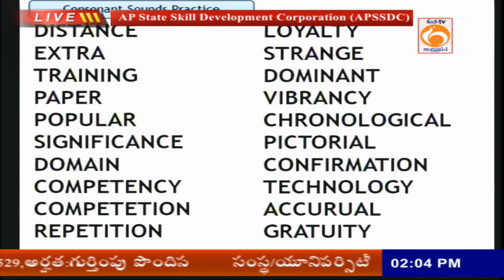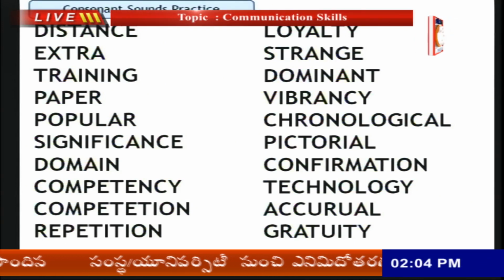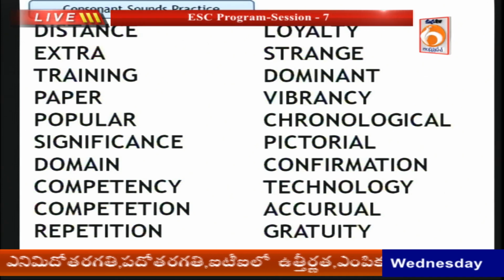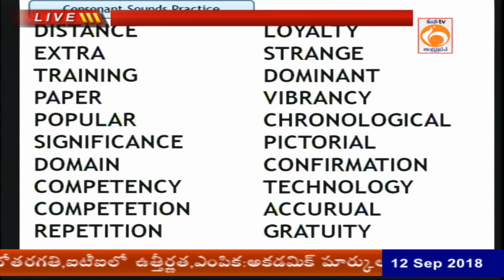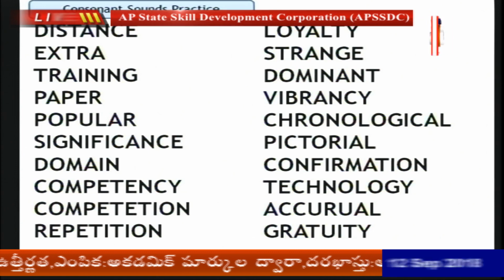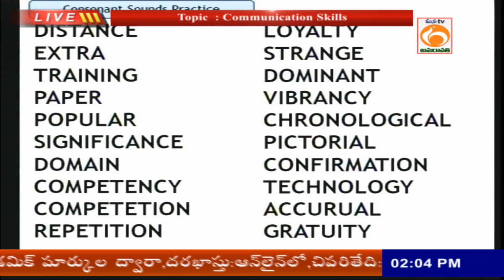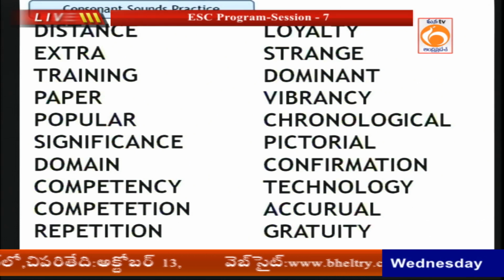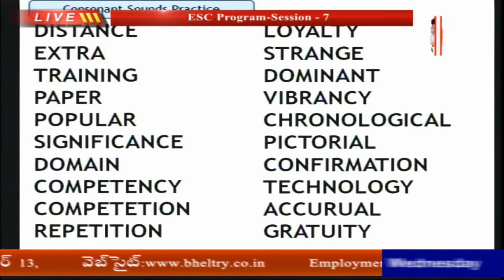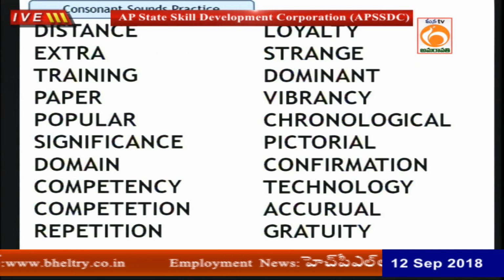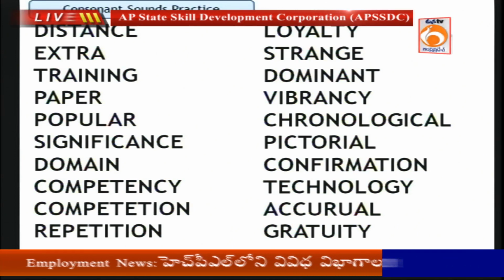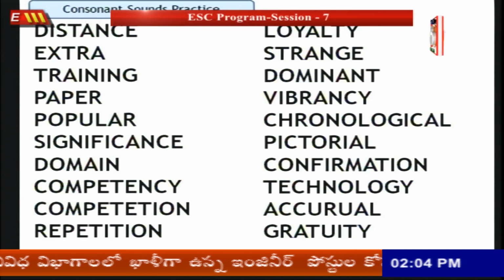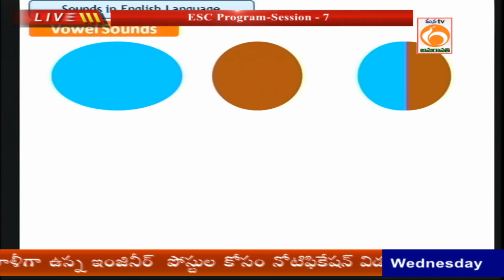Then we have distance, extra, training, paper, popular, significance, domain, competency, competition, repetition, loyalty, strange, dominant, vibrancy, chronological, pictorial, confirmation, technology, accrual, gratuity. Alright, let's move forward, and today we're going to learn the vowel sounds.